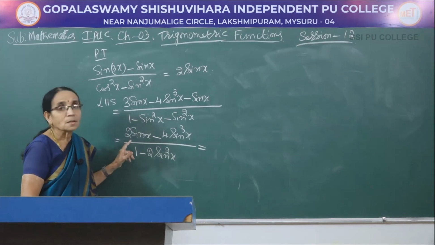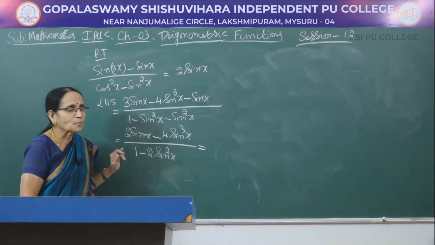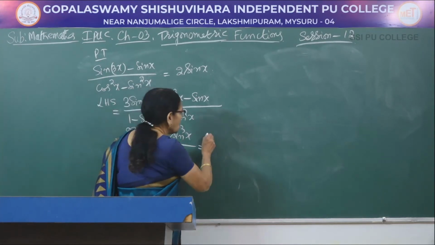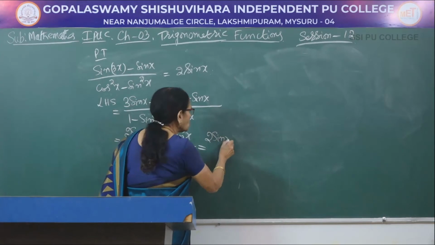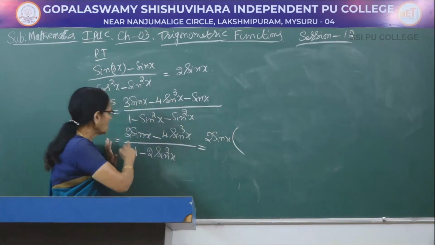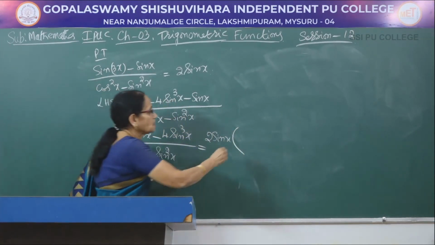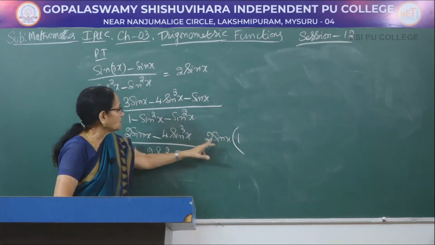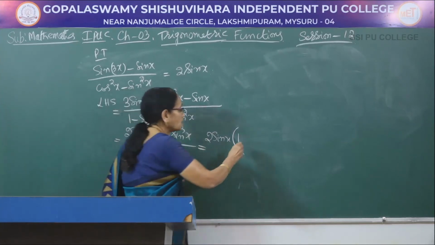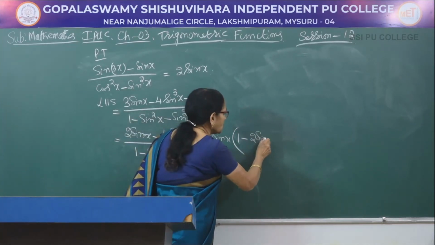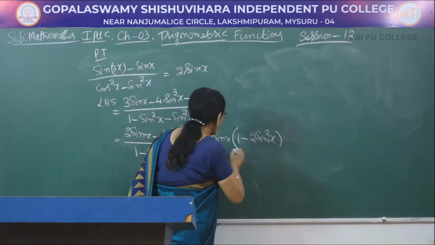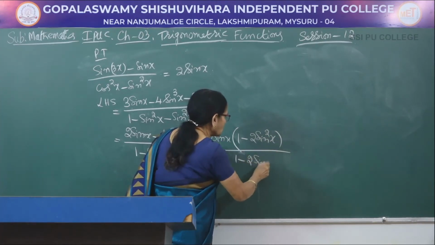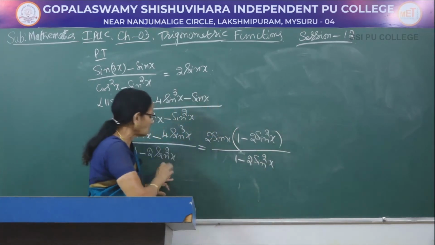Clearly we see that there is a common factor. 2 is a common factor, sin x is a common factor. Take that common factor, 2 sin x. What is remaining? Both of them have been taken outside, 1 is remaining. 2 has come outside and 1 sin x has come outside, so another 2, another sin square x is remaining. Whole thing divided by 1 minus 2 sin square x. Write the denominator as it is, don't make any change.